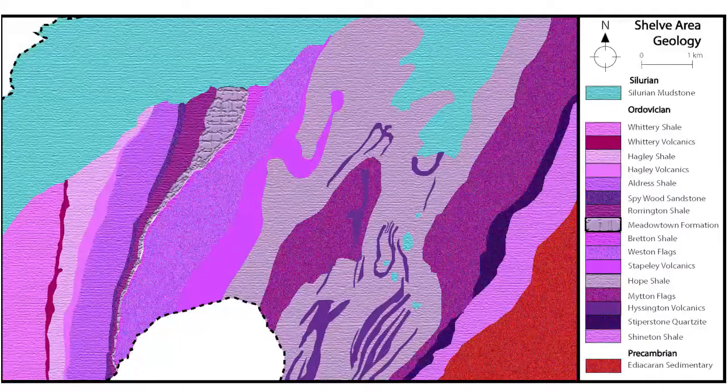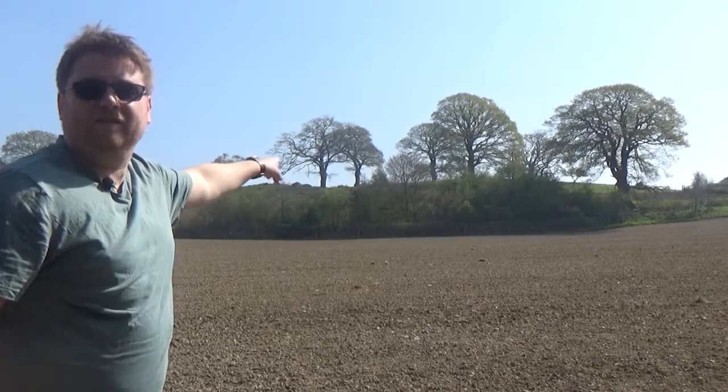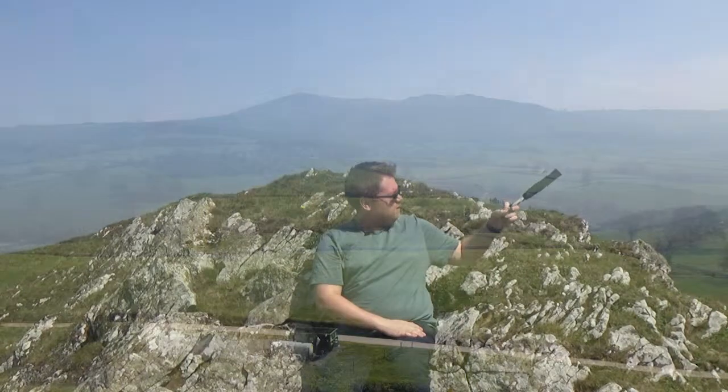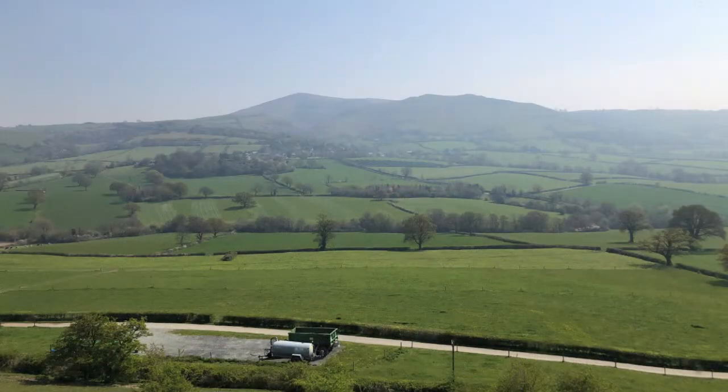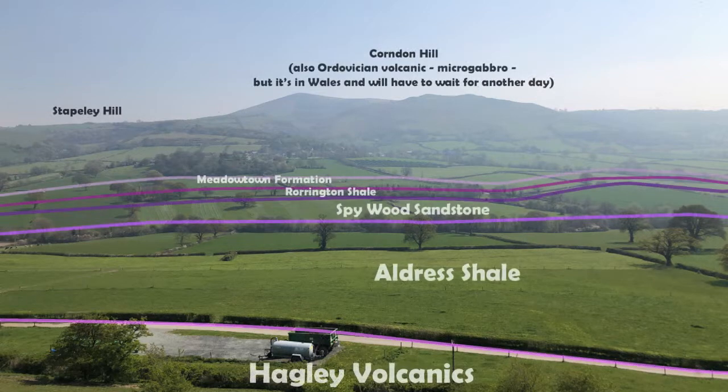Now, these layers get progressively older as you travel from the west to the east, the youngest being the Whittery Shale, the Whittery Volcanics, Hagley Shale, the Hagley Volcanics, the oldest shale, moving on into the Spywood Sandstone, which is this little low rise on the other side of the small stream, which then goes into the Rowington Shale and the Meadowtown Shale.